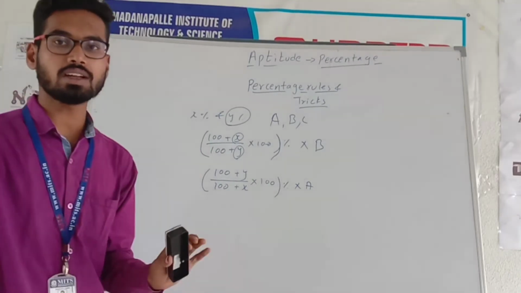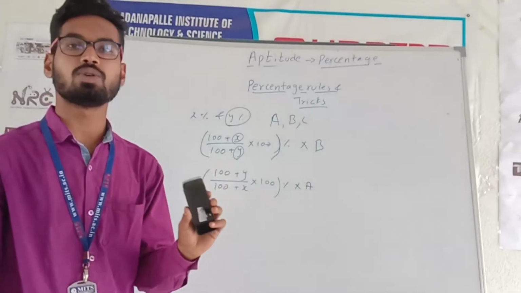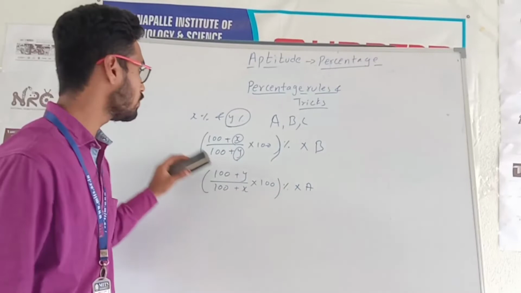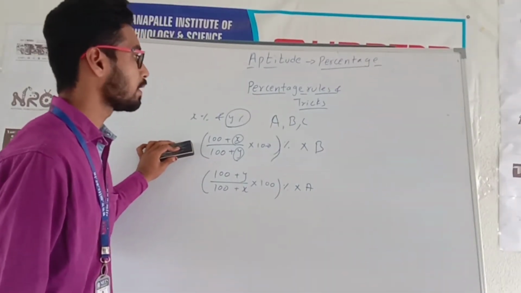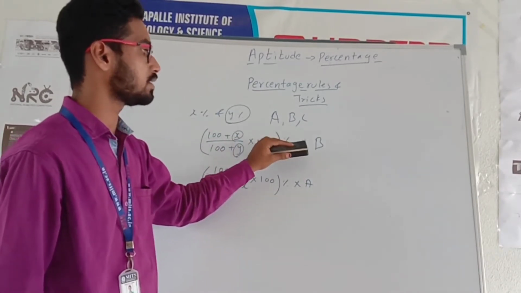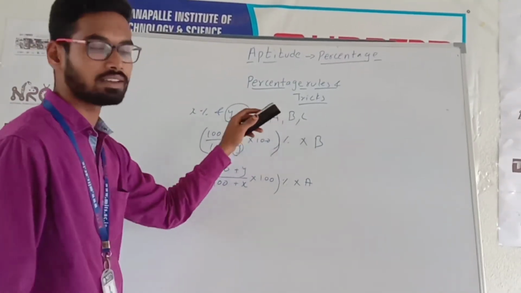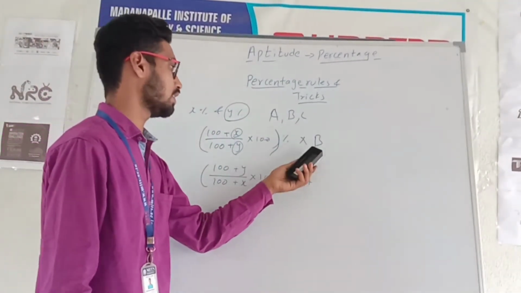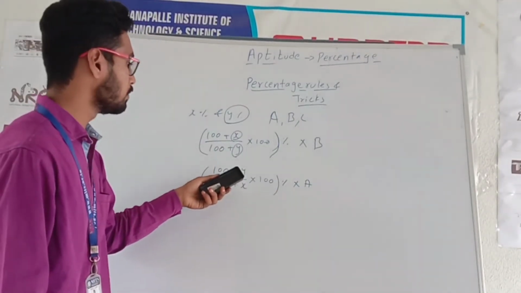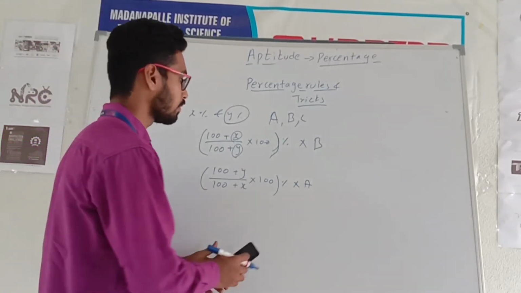These are the formulas when the two values are respectively x percent and y percent more than the third value. The first value is written as (100 plus x) by (100 plus y) into 100 percent of b, the second value. If you want to find the first value, the same formula is used, but with the x and y terms changed. Okay.